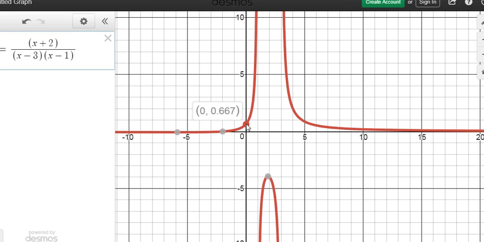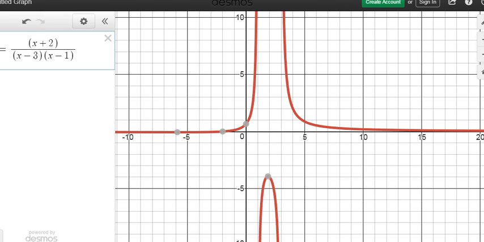Right? We look here, there we go, 0.667. So you can have your asymptotes and your y-intercept. We also can look at the degree of the numerator, and that's degree 1. What's the degree of the denominator here? 2, that's a quadratic. So when the degree in the numerator is less, where's our horizontal asymptote?